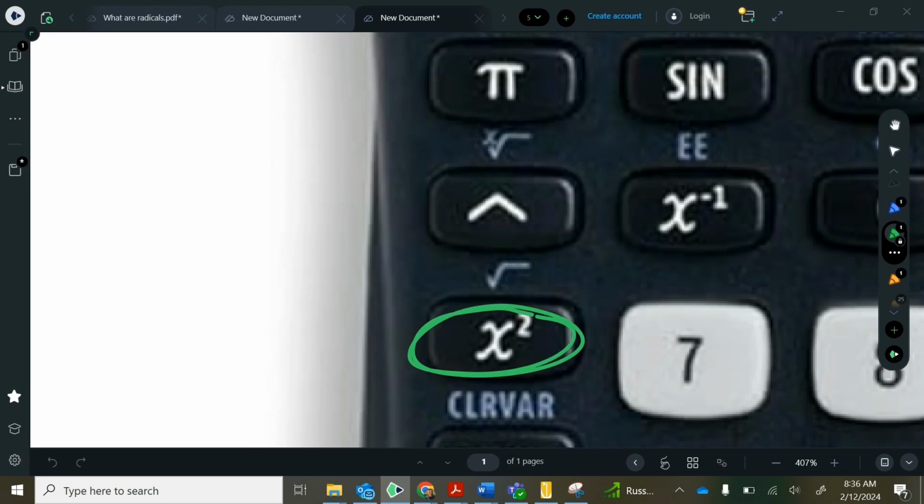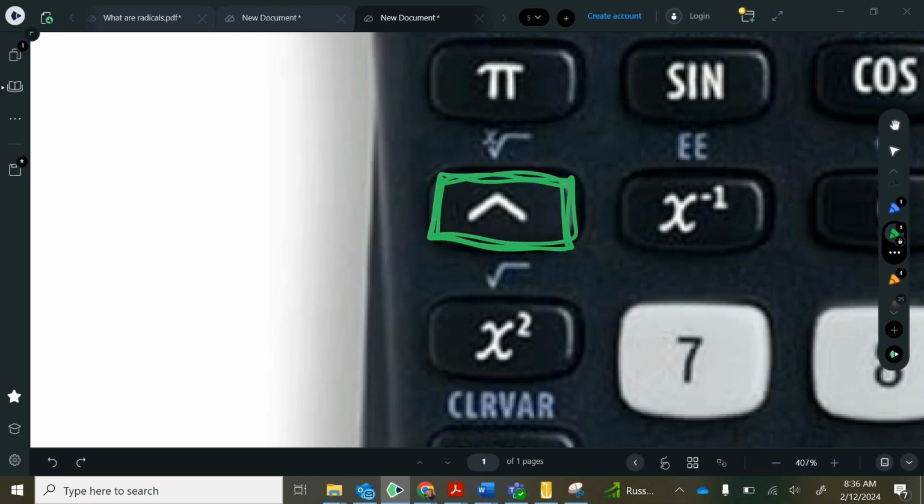We've been using x squared, and then when we were taking square roots, we hit the second button and we got square root. Okay, well, right above the x squared button, we have our exponent button. This is how we put in any exponent, not just a squared. And then this right here is how we're going to put in any root that we want, not just a square root, but any root.